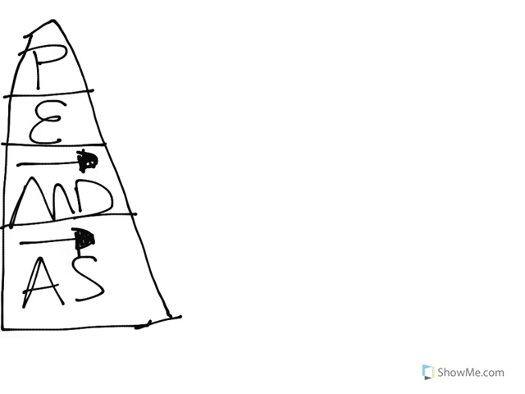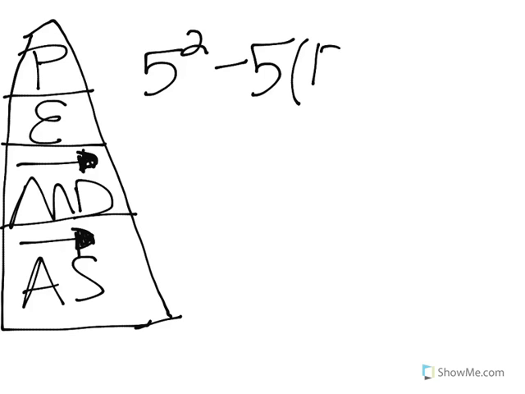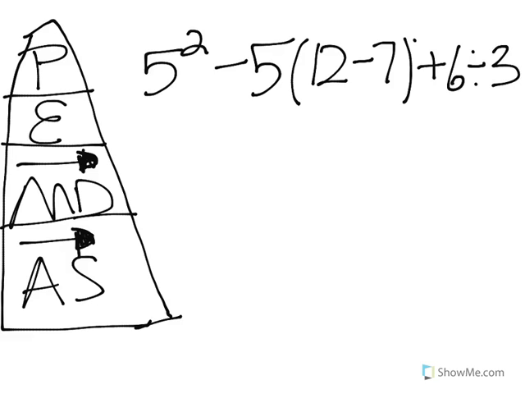Okay? So for instance, let's have a problem. And the problem we want to do is 5 to the power of 2 minus 5, open parentheses, 12 minus 7, close parentheses, plus 6 divided by 3.